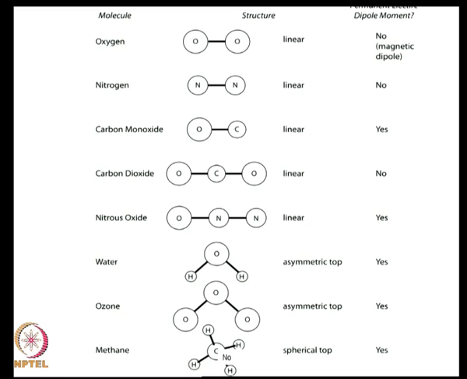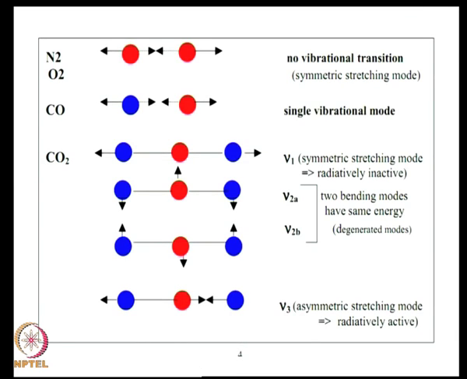On the other hand, asymmetric molecules like carbon monoxide and molecules like carbon dioxide, which is linear triatomic, or nitrous oxide, and water vapor, which is a nonlinear molecule, ozone and methane, they all have absorption bands in the infrared. And the way these bands are generated is based on either symmetric stretching or asymmetric stretching or bending.